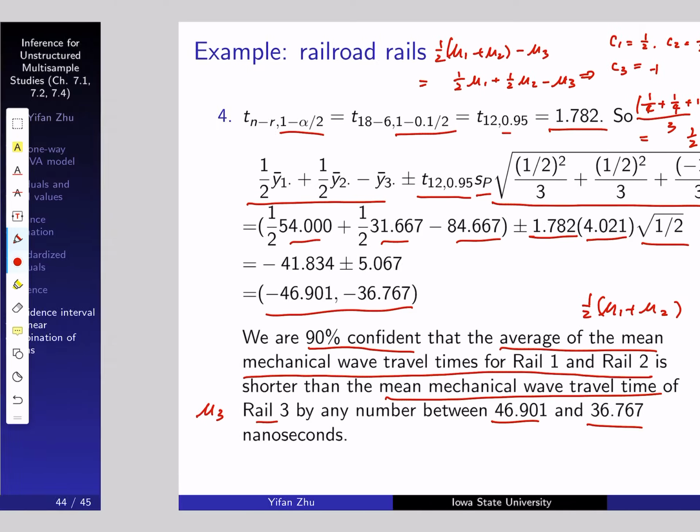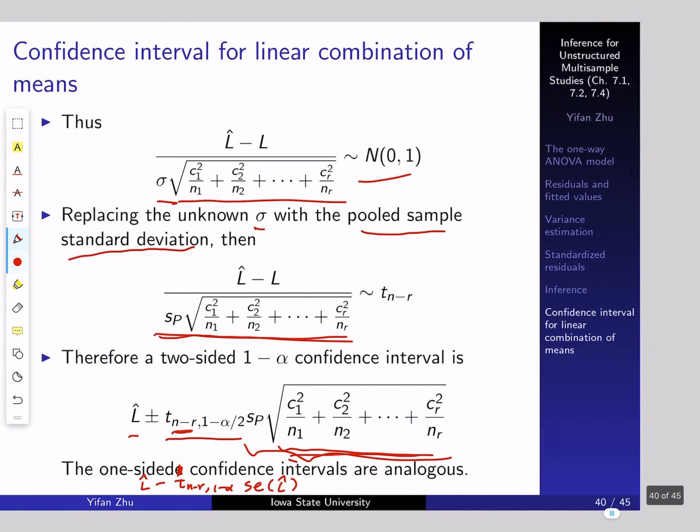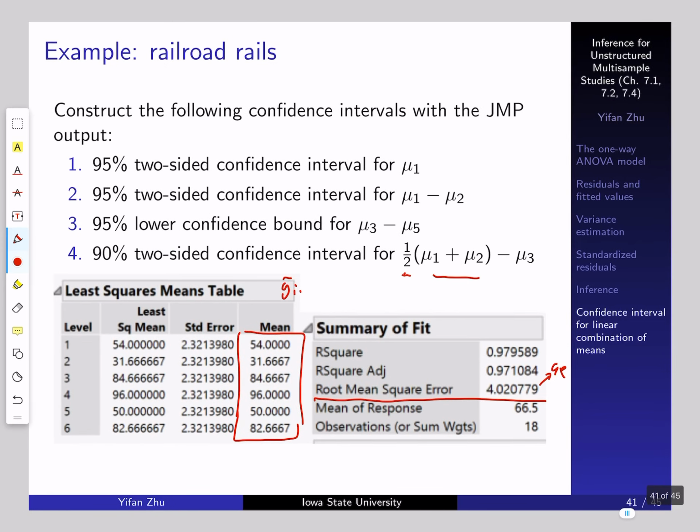so you can find that for all these 4 confidence intervals, you are always using the pooled sample standard deviation and the T n minus R distribution for the quantile.